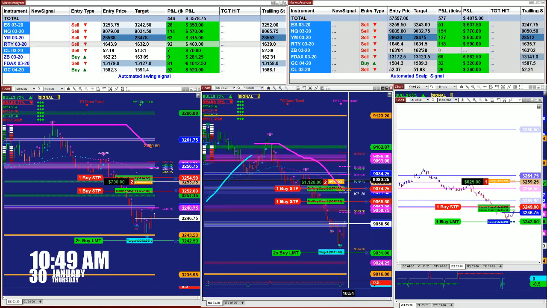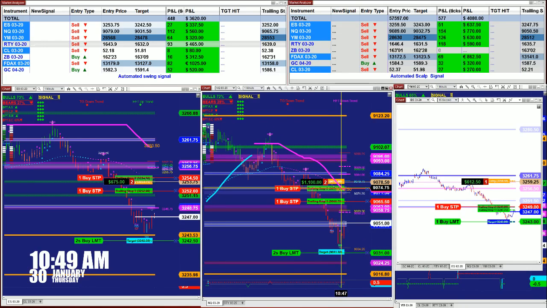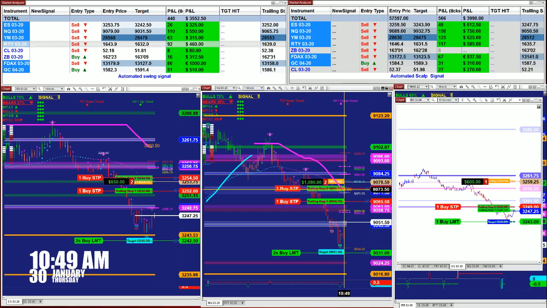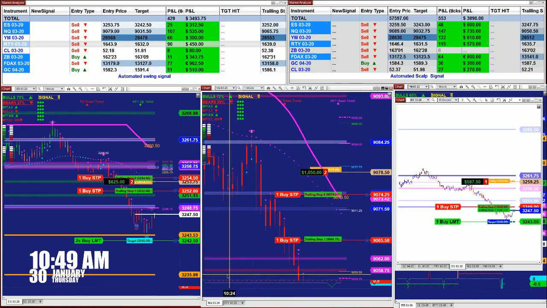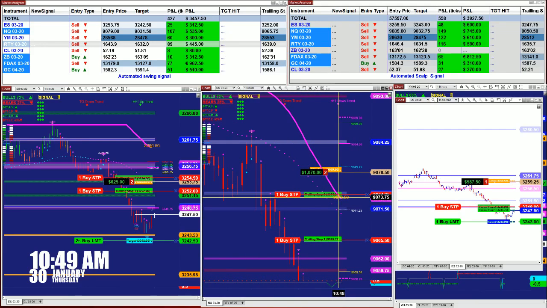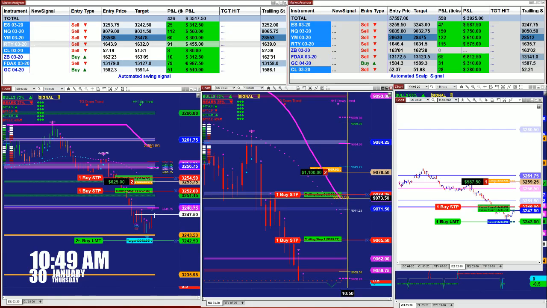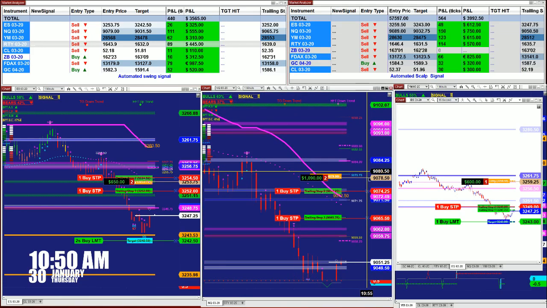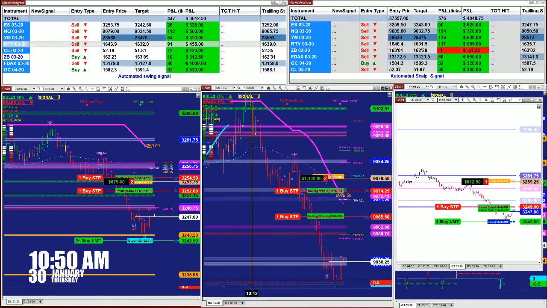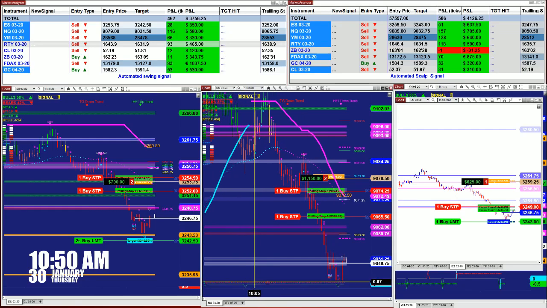And the safest one, where the system is telling you to re-enter short, is 9073. I don't know if you can see this number, but the system tells you where to enter short, right there, 9073.50. The system tells you where you need to re-enter short. So everything is plotted on your chart.